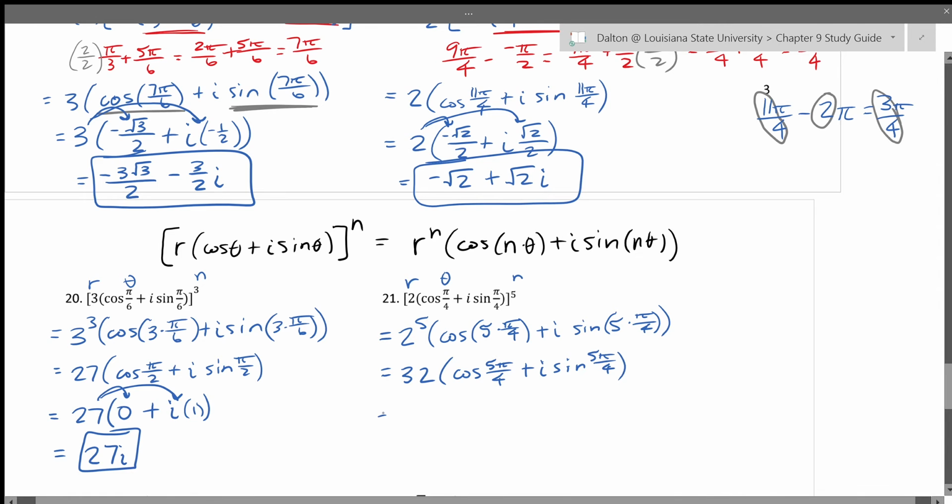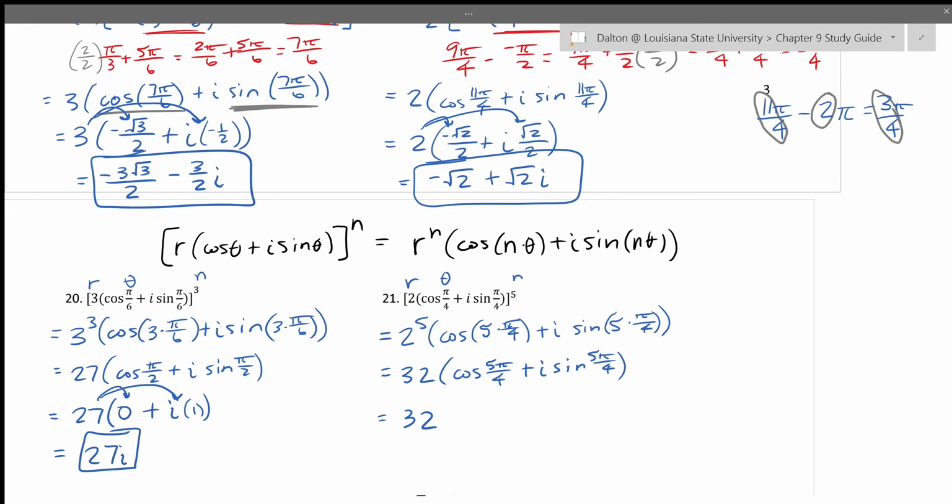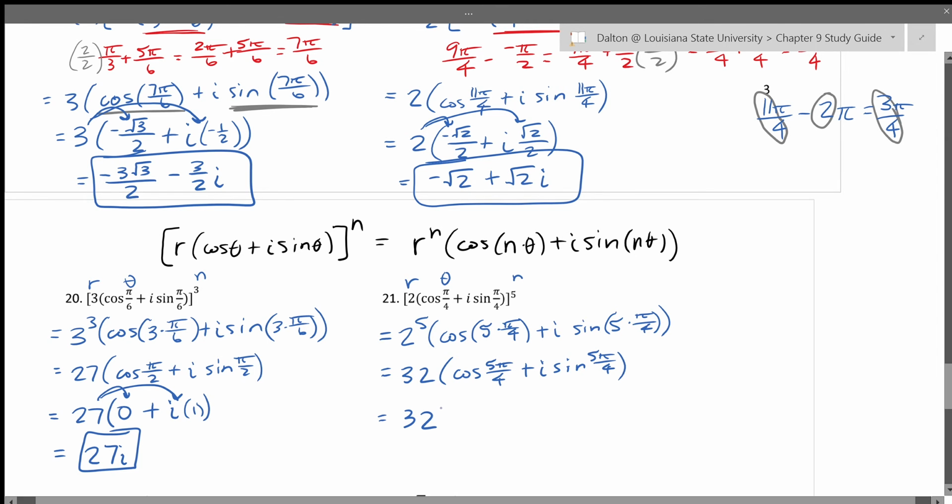So if we look at the unit circle, then we're going to have 32 times. Locate the angle, 5 pi over 4. And then the cosine is going to be the x-coordinate at that angle, which will be negative square root of 2 over 2, plus i times the sine, the y value at that angle, is going to be negative square root of 2 over 2.